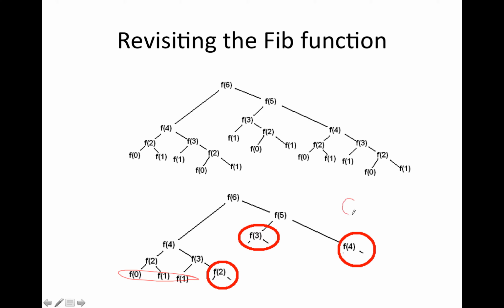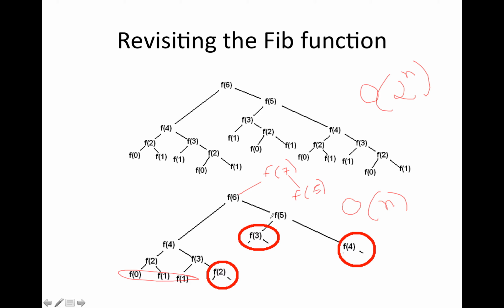So this brings down the complexity to O of n, while this one was O of 2 to the power of n. This is almost a linear tree, because for example, if we had f of 7, this would just be f of 7, and this will be f of 6 and f of 5.